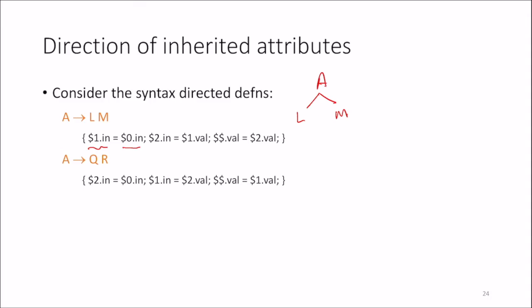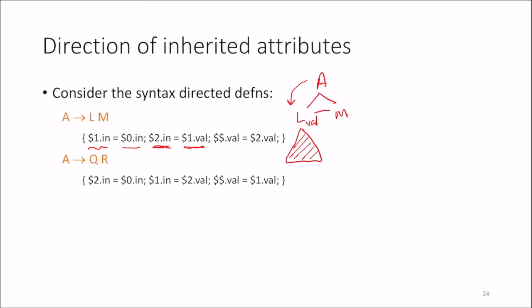So you can see that this L is getting information from its parent A. And then the next one says $2.in is equal to $1.val. So L can be expanded, it can have a parse tree, and then eventually it'll come back with some information that's synthesized from its subtree, and it'll have a value. So it says $1.val, we're passing it to $2.in.